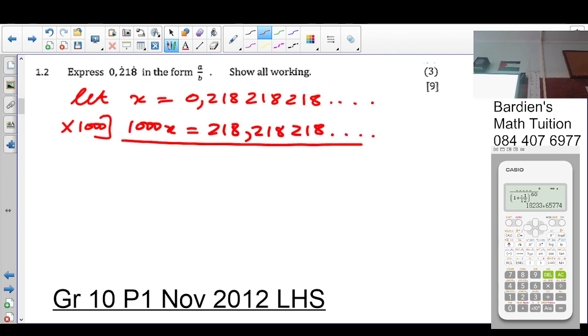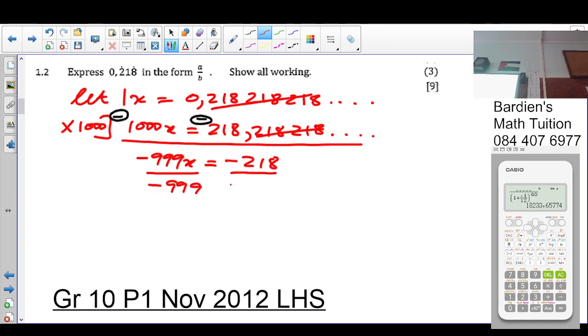So what I do is I subtract. So x minus 1000x is negative 999x is equal to, of course that cancels, leaving negative 218. So I divide both sides by negative 999. That cancels.